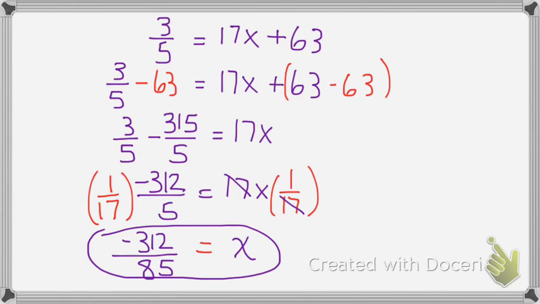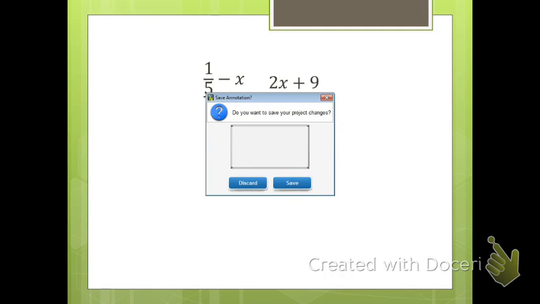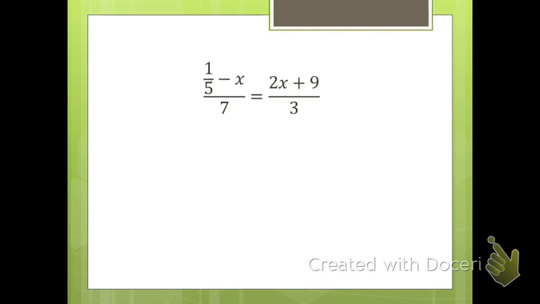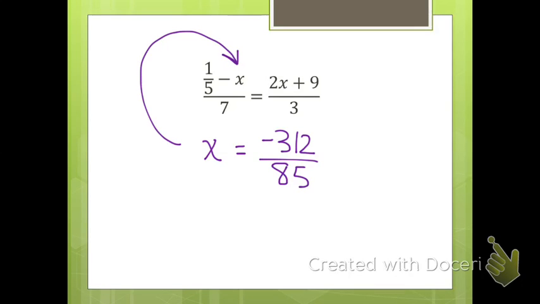Okay, so we could go back to the original equation, and our solution was x is equal to negative 312 over 85, and we could substitute it in here and check it out.